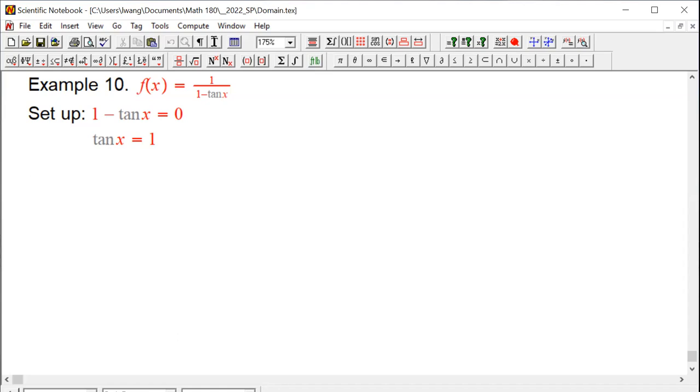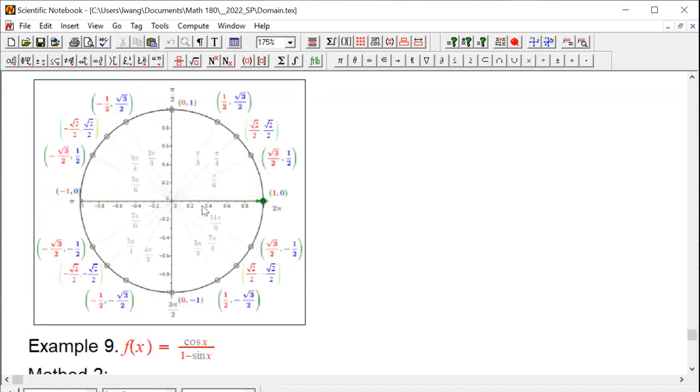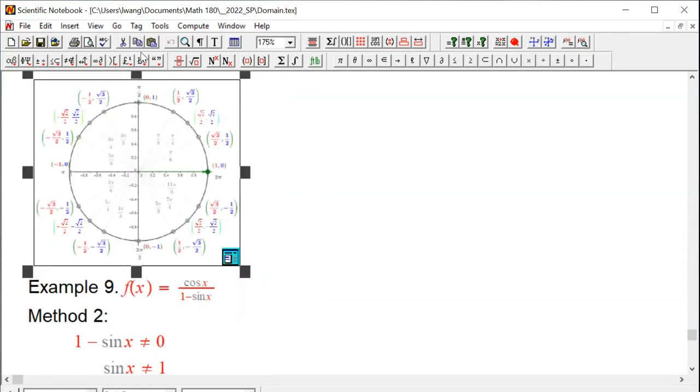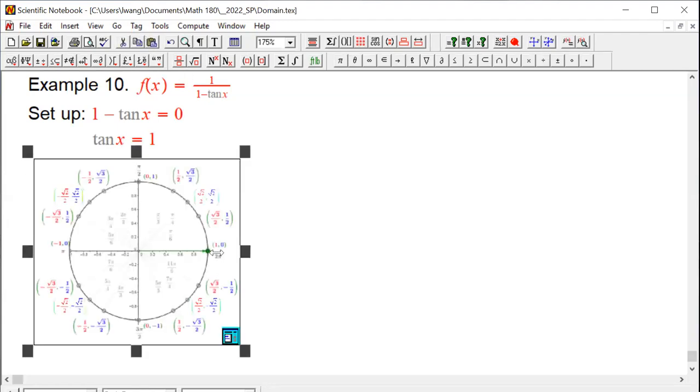Obviously this is related to a special angle. But tangent x equals 1, where could it be? We can bring back our unit circle, or you can work with your rectangular system.